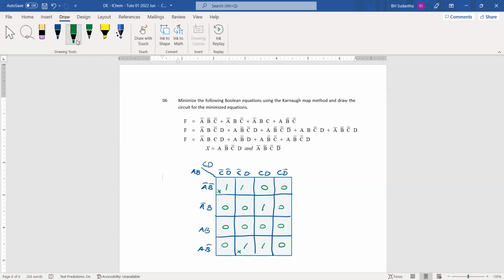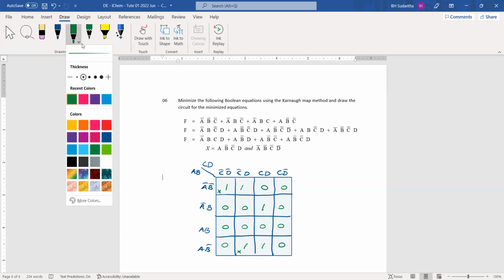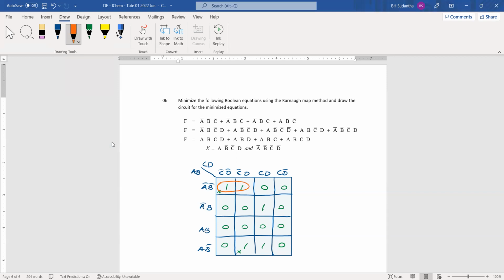Okay, then how can we minimize this one? We can mark this one. What is this? A bar, B bar, C bar. And there is no other one adjacent.